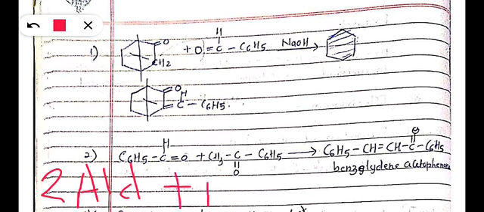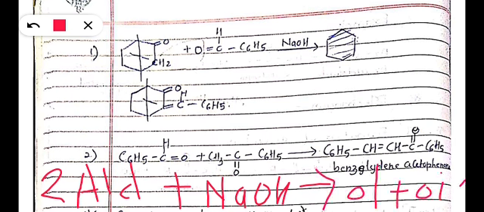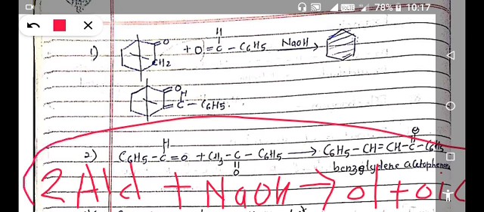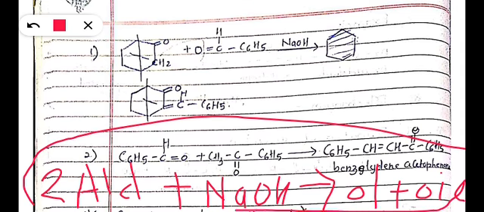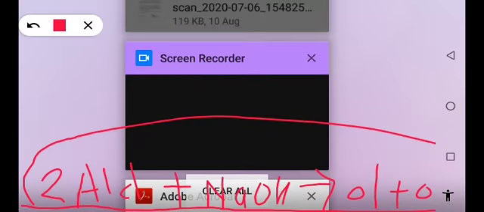The reaction condition is a strong base. In the product, one is the alcohol and another is the acid. This condition is very helpful to identify that this is the Cannizzaro reaction.